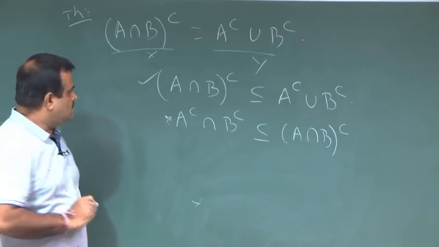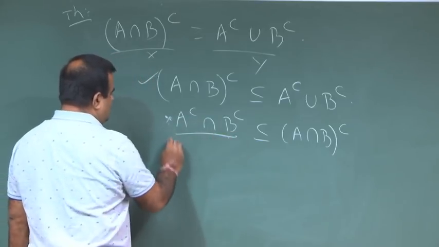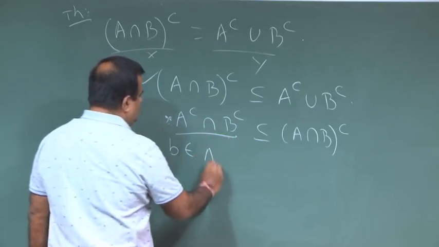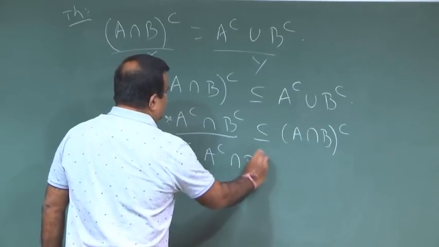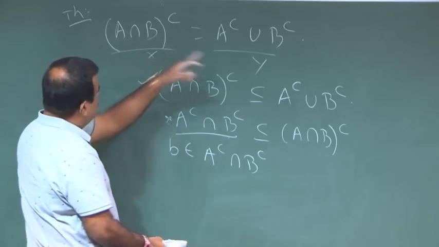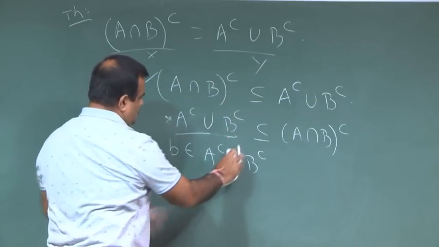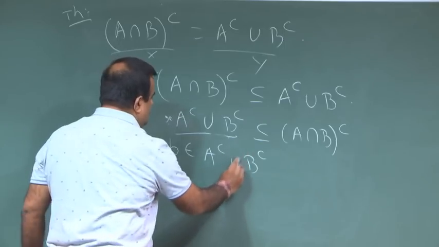Okay. So, now for that what we need to take? We need to take an element from this set. So, let us take b belongs to A complement, sorry, this will be union, this set, this will be union. So, this is in union of this.